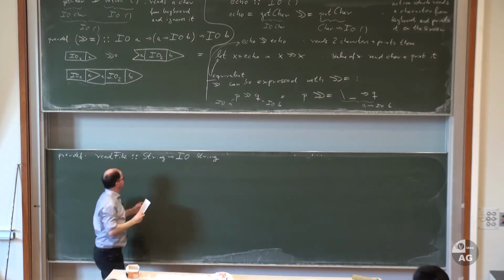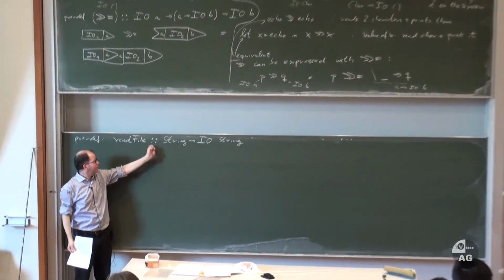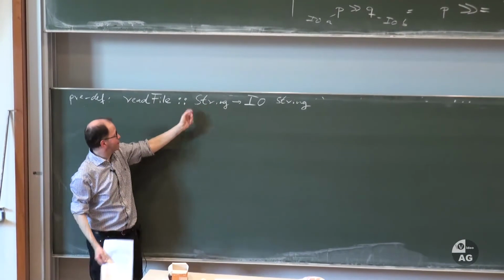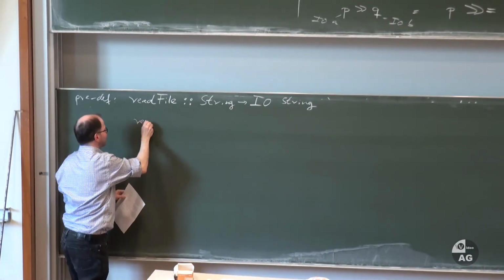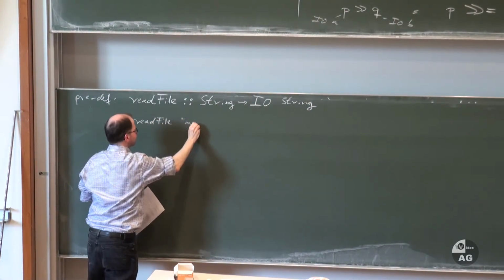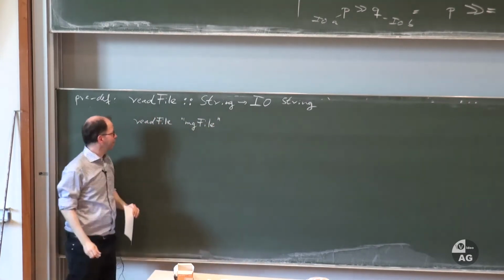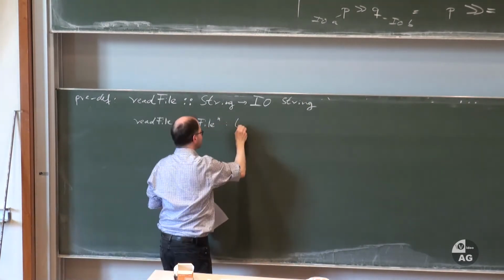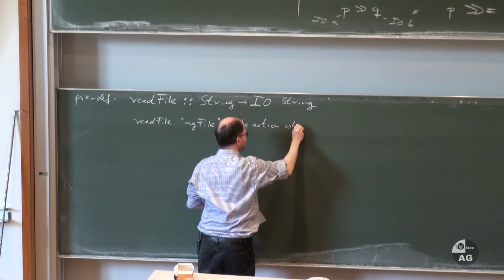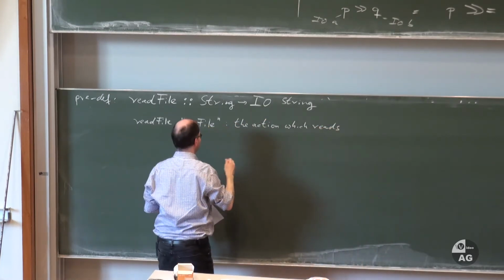And the idea is that the argument that you give here is the name of a file. And then readFile reads this file. So if I say readFile of some file name, this is the action which reads the file called my file.